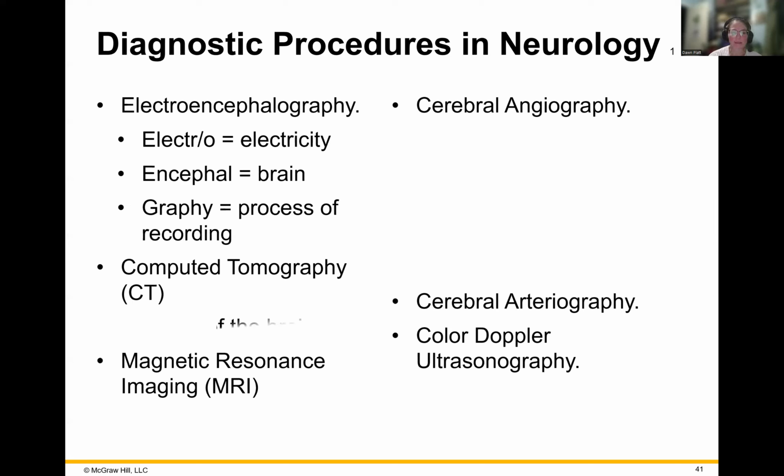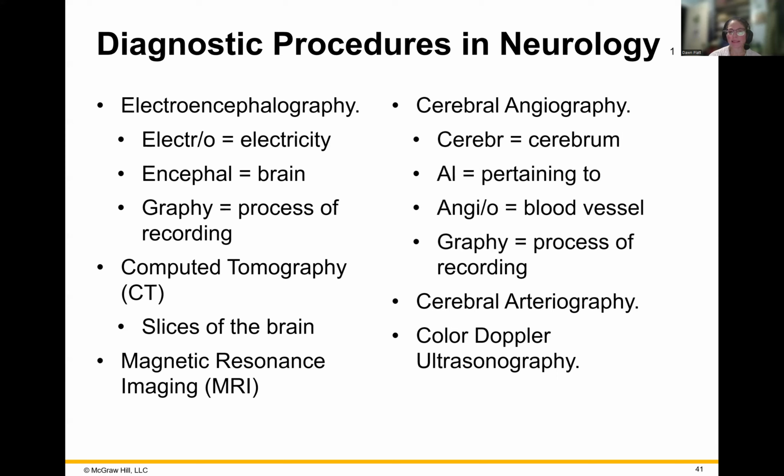Computed tomography, magnetic resonance imaging, and then cerebral angiography, cerebral arteriography. What's the difference between cerebral angiography and cerebral arteriography? You could look that up.